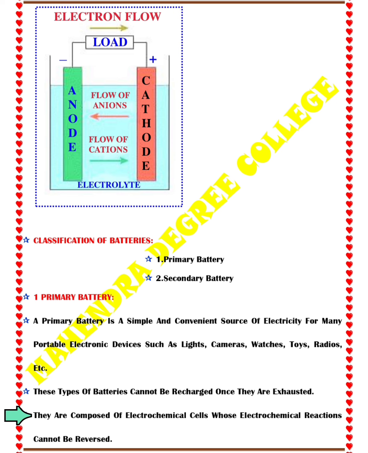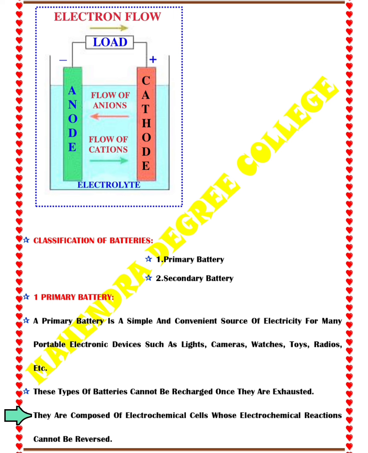Primary batteries are non-rechargeable batteries, meaning used once and then discarded. Examples: alkaline batteries, zinc carbon batteries, and coin cells. Primary batteries are composed of electrochemical cells.